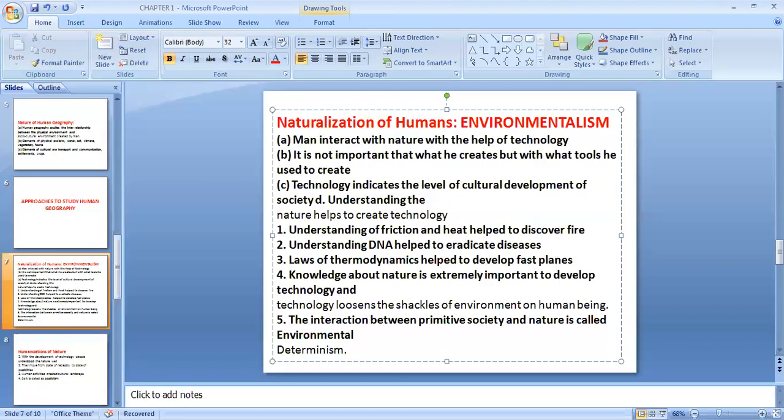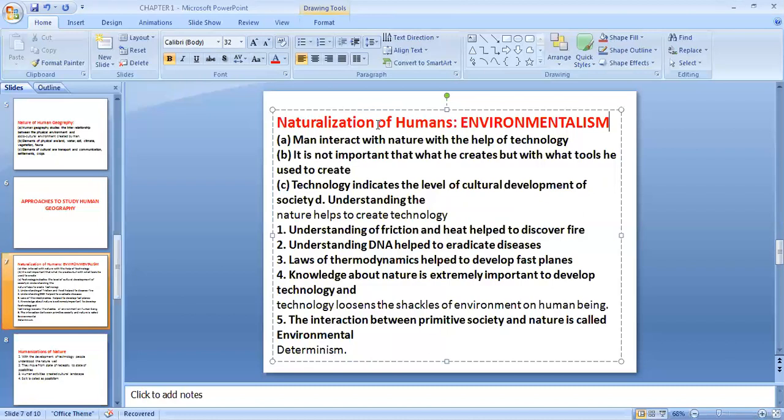For this word, I think you are able to understand that this approach mainly depends upon the environment.